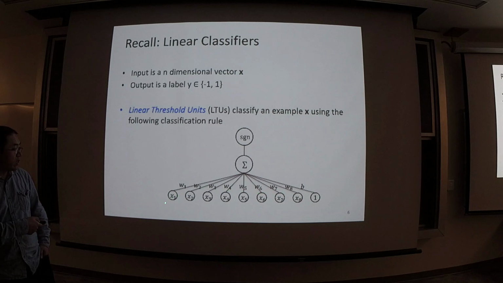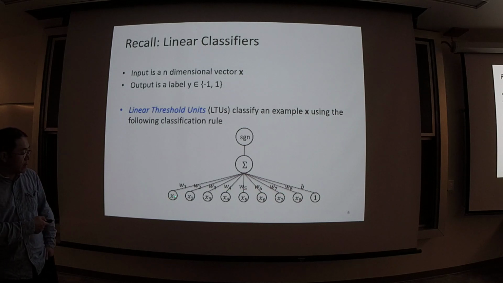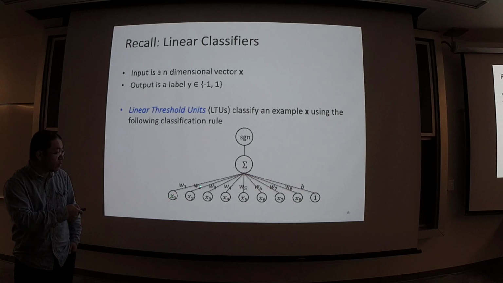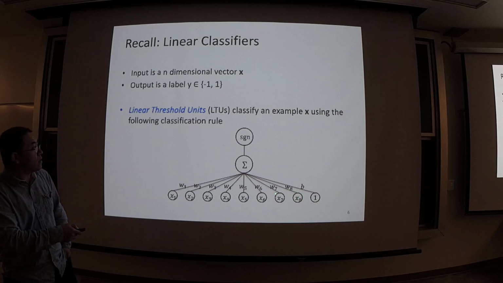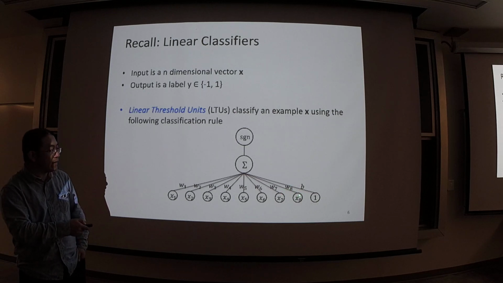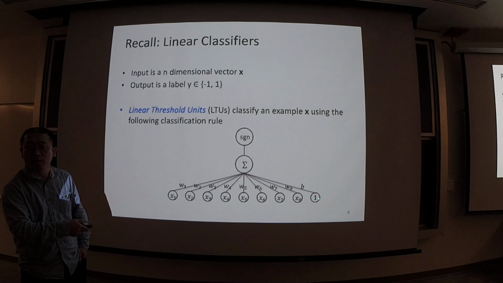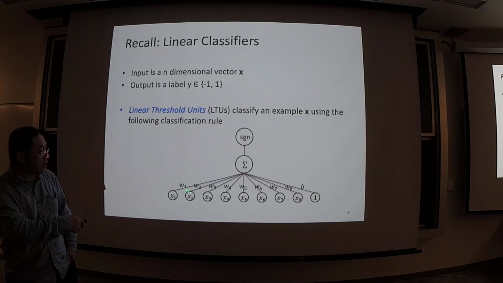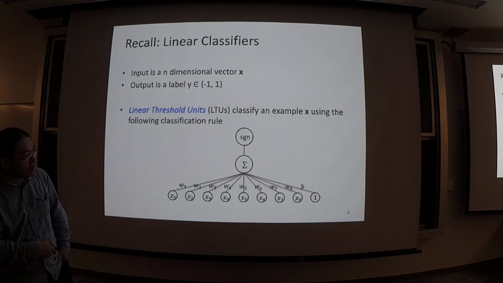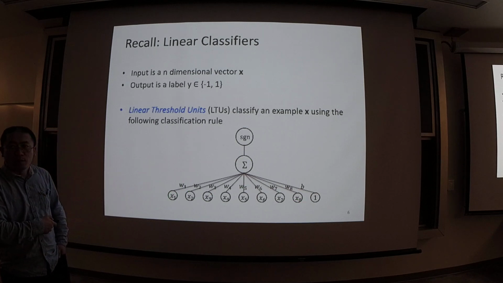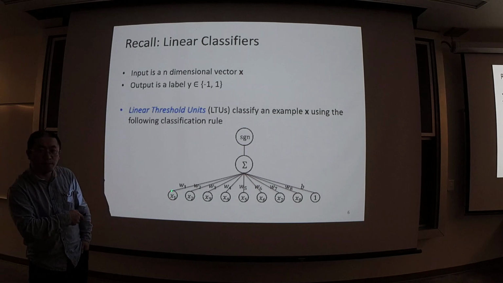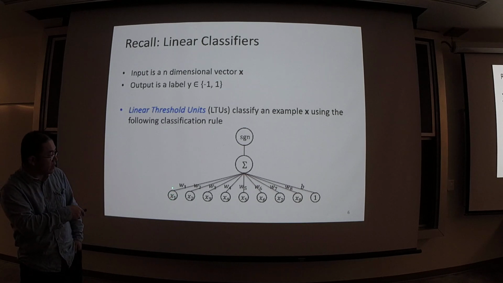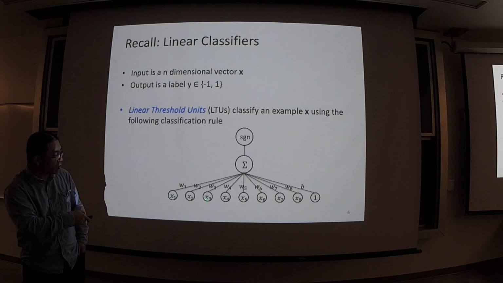Feature weight W1 is associated with input feature X1, W2 with X2, W3 with X3, until Wn with Xn for this n-dimensional feature vector, and finally we have a constant feature 1, which is associated with the bias term. Then we connect them together to the intermediate node. That means we multiply the input coming in from each node with the weight on the edge: W1 X1, W2 X2, W3 X3.